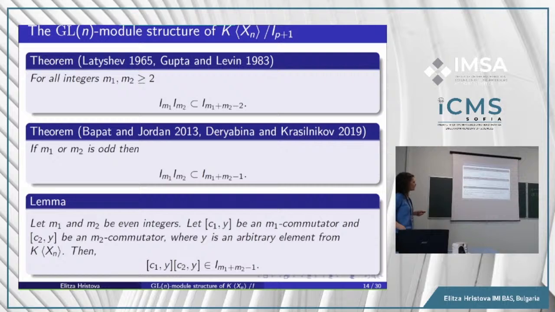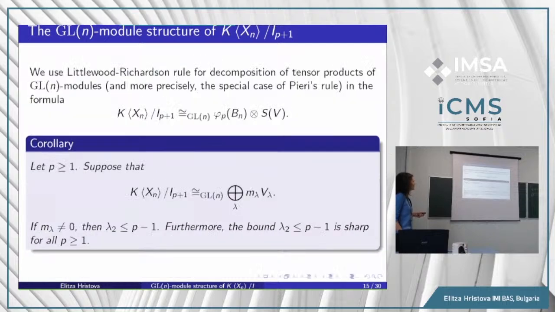And so these three things and their iterated versions give us the bound on the partitions that can appear with non-zero multiplicity. This was the bound for the subalgebra of proper polynomials.